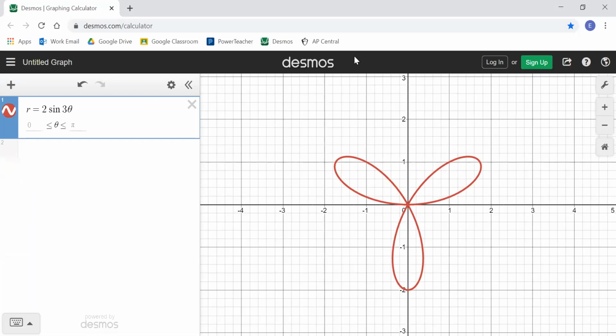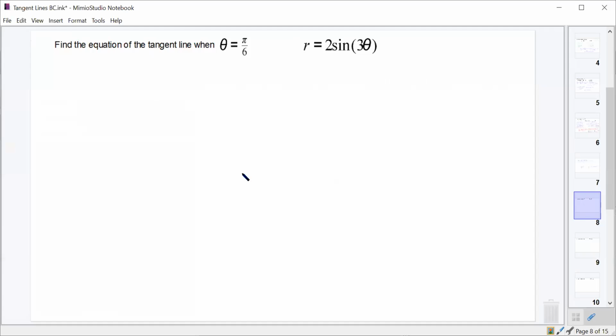So let's see if we can figure out how to do that. First off, we need a derivative, right? We need a dy dx. How do we find dy dx? X ought to be r cosine theta, and y ought to be r sine theta.